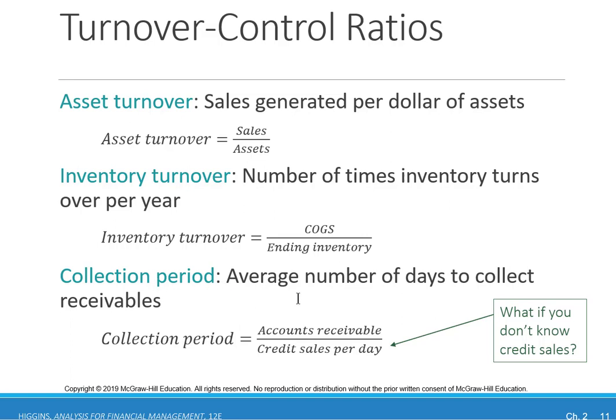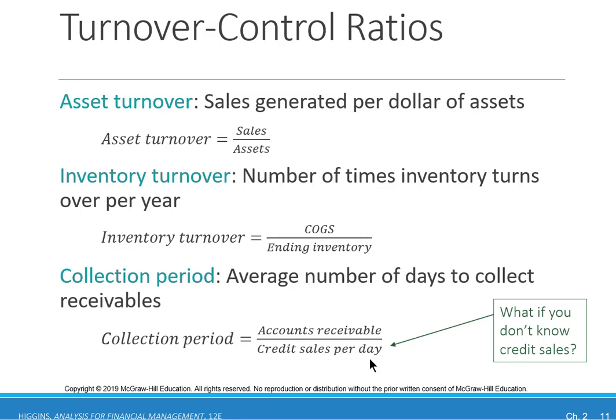The collection period tells us how many days on average it takes for us to collect the sales that we've sold on credit. Well, what if you don't know credit sales per day? And I will tell you that unless you are the company, you would never know that number.